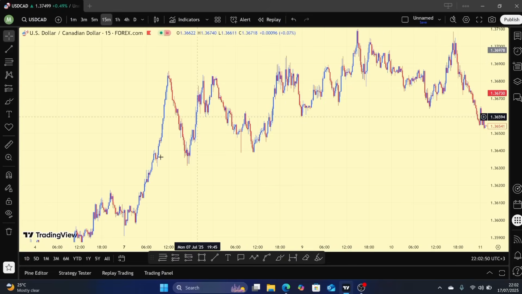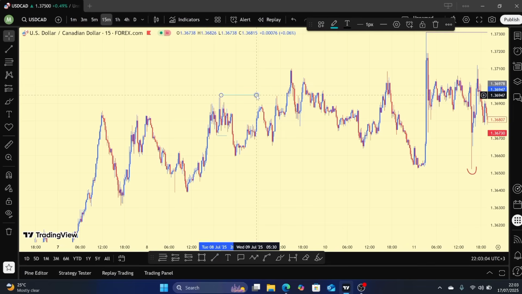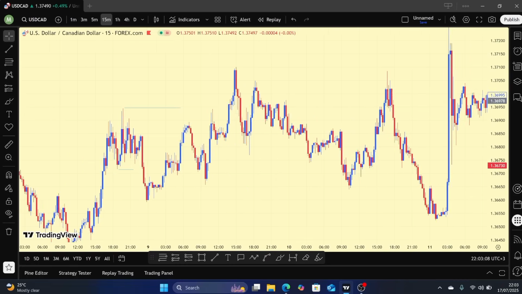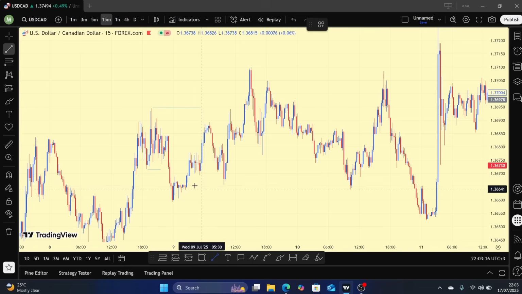So right here, where is the inducement? Right there was no inducement until here. So you can see this here is the inducement, it was taken out, and then price made this break of structure. And if you do remember, I shared this setup also on my channel, my Telegram channel, and I took the entry from this.